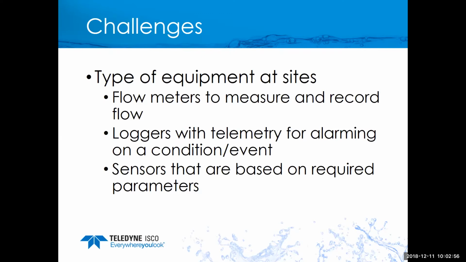So flow meters would work well in those kinds of situations to record the flow so that planners can determine if larger pipes are needed, or if an area is being developed, to determine what kind of flows might be coming out of those types of industries to help plan for that.